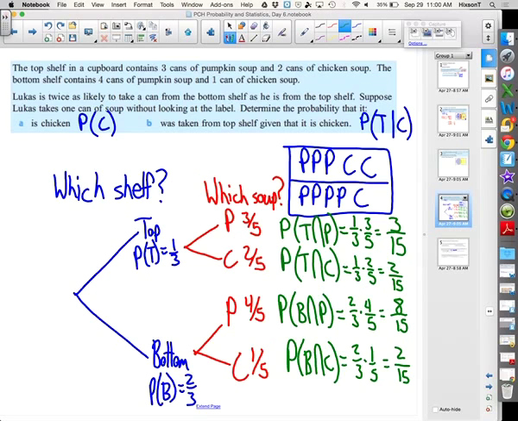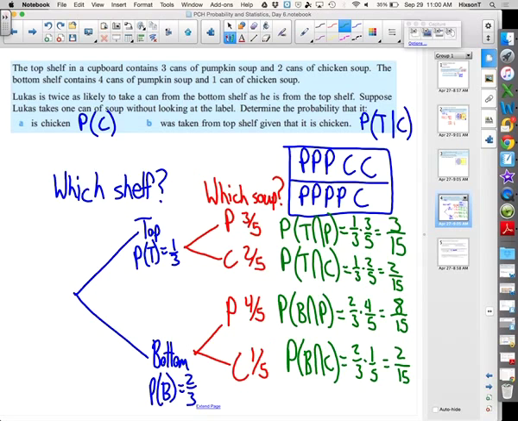Okay? So, 3 and 2 is 5, plus 8 is 13, plus another 2 is 15/15ths. We have everything covered. Okay? So, any question on how we filled out the tree diagram?